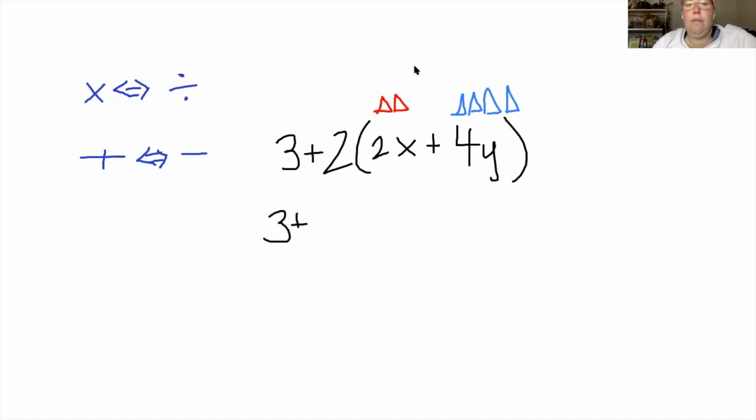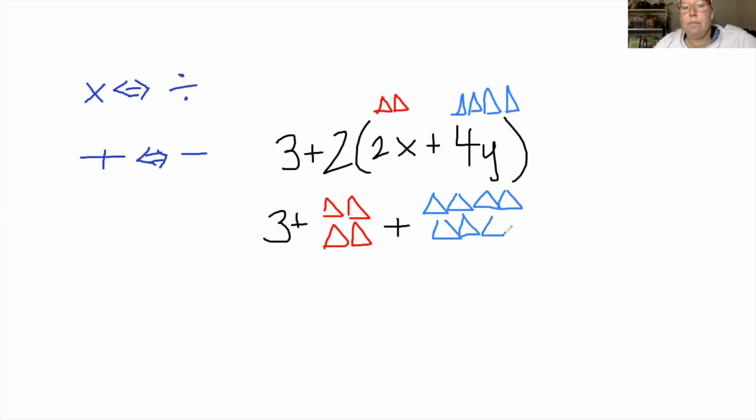But now I have 2 sets of 2 pawns plus 2 sets of 4 pawns, because all I did was 2 of these, 2 of these.